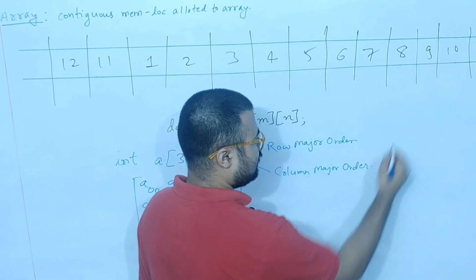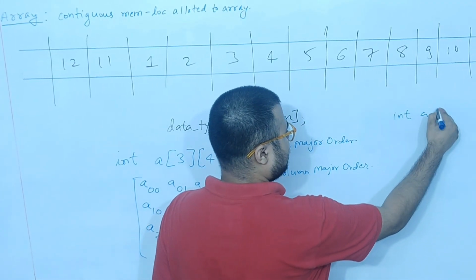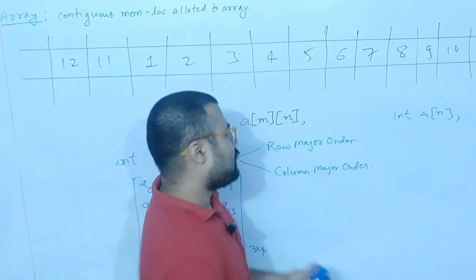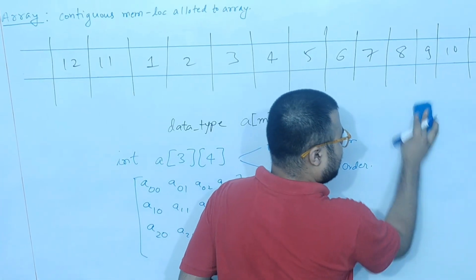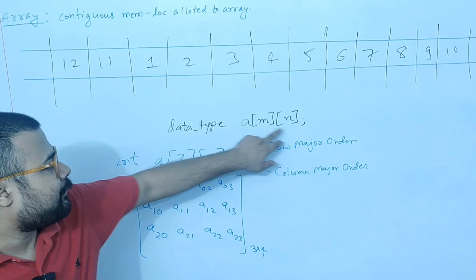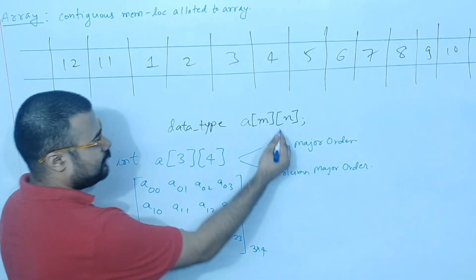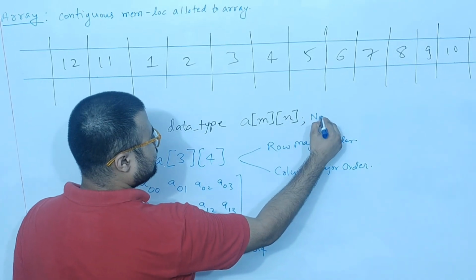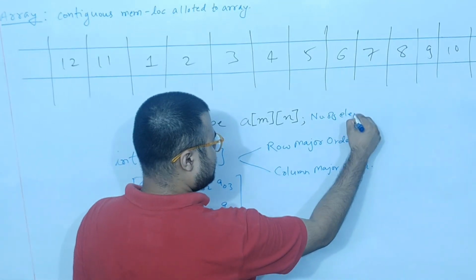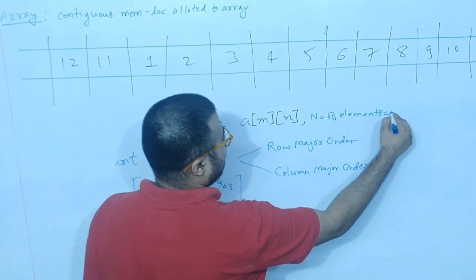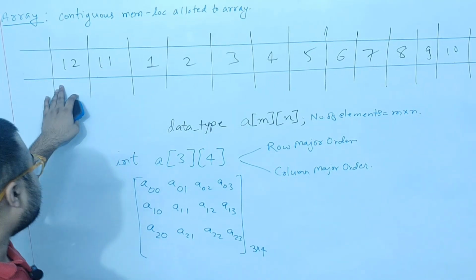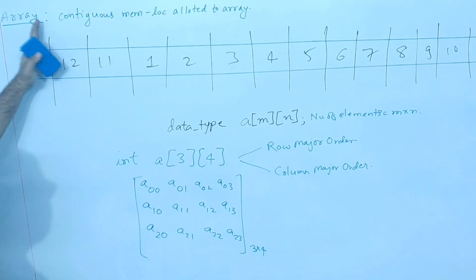What is the total number of elements? In a one-dimensional array, let's say int a[n], the number of elements of the array is n. In a two-dimensional array, like data type a[m][n], the number of elements of the array is going to be m into n. Now let's look at the array.